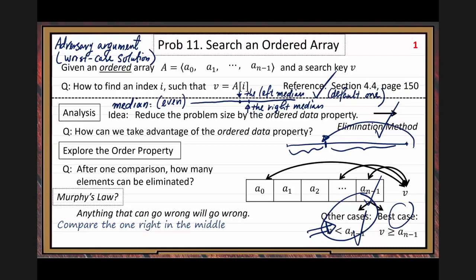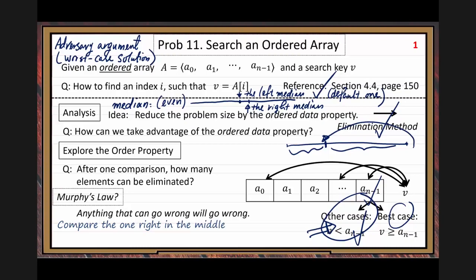But there is one problem I would like to mention. Many years ago, I looked at a middle school math method in the library, and it defines the median as the average of the left median and the right median.